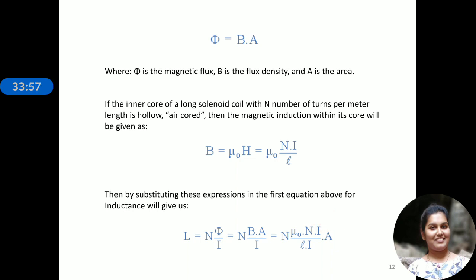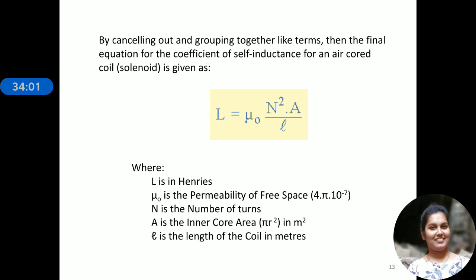After cancelling and grouping all the terms together, the final expression for the coefficient of self-inductance of an air-cored coil can be simply written as L is equal to mu naught into N square into A divided by L. So self-inductance L can be written by taking all the parameters into consideration, like size, turns, flux density, area, length and all, as mu naught N square A by L, where L is the self-inductance in henries.